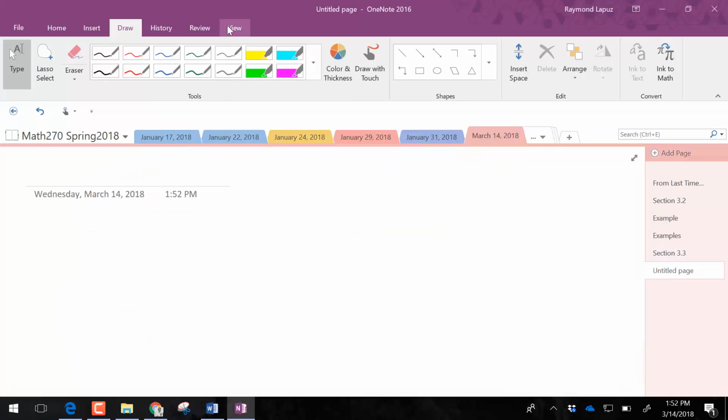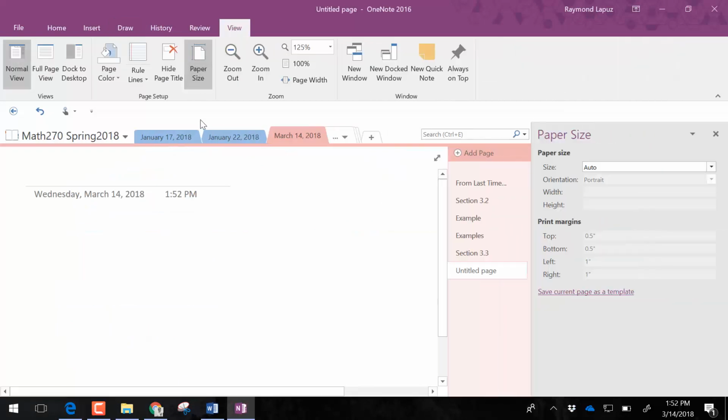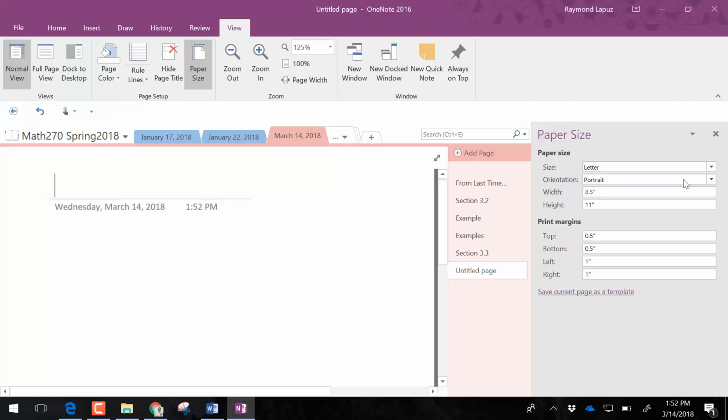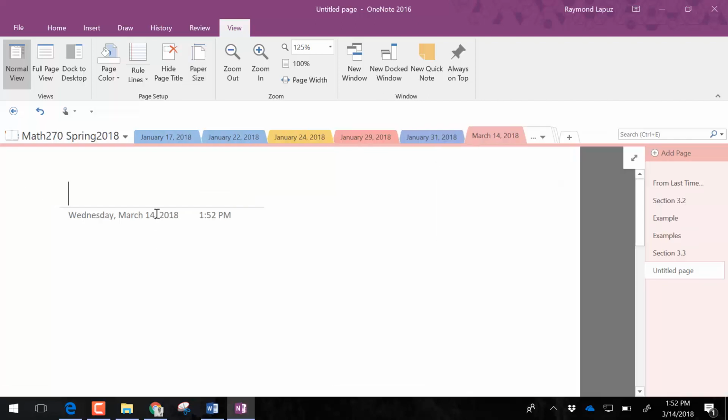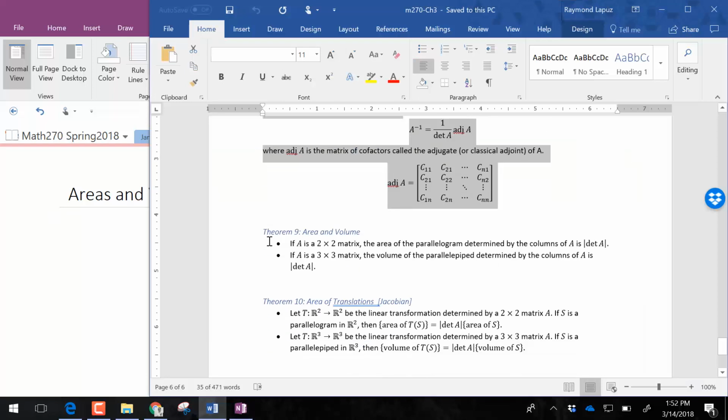The more interesting application would be the last one that they have in this section, which is about areas and volume.